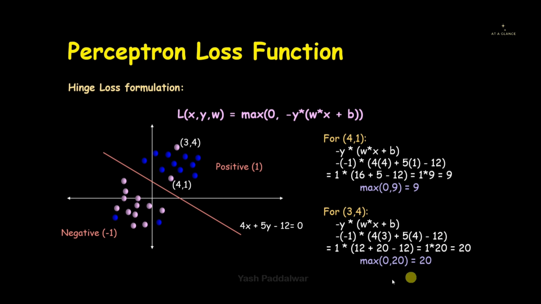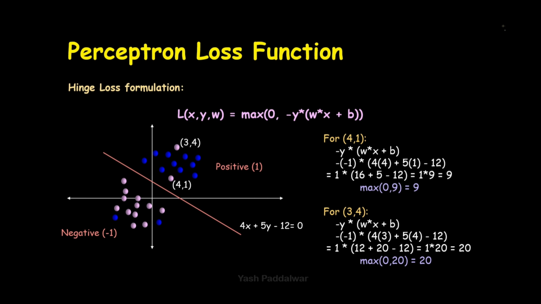So 20 is the value of this expression, and when we plug it into the max function we get max of 0, 20. The maximum of 0 and 20 is 20. So the loss associated with the data point 3, 4 comes out to be 20. You can see that the losses associated with these two data points are different, which was not the case with 0-1 loss.